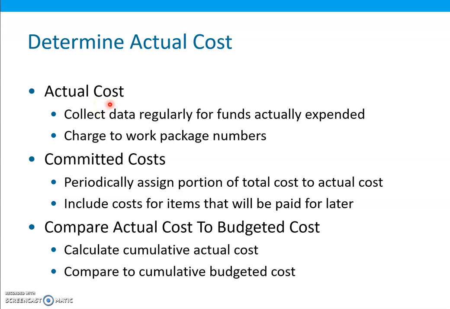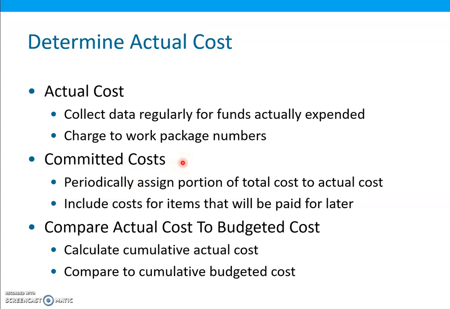To keep track of actual costs on a project, it is necessary to set up a system to collect, on a regular and timely basis, data on funds actually expended. And large projects will have charge codes for the work package numbers to determine how the actual costs compare to the planned costs.